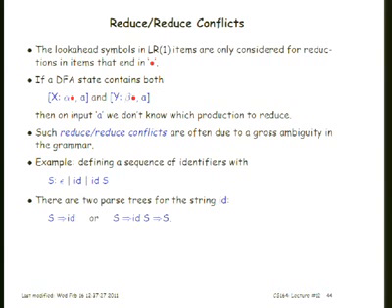Now there is definitely a case in Python where the reduce-reduce conflict occurs, and it's kind of where it naturally occurs if you follow the grammar from the book. There's a good question about how you should do this, and that is that the left-hand side of an assignment can be a list of identifiers.